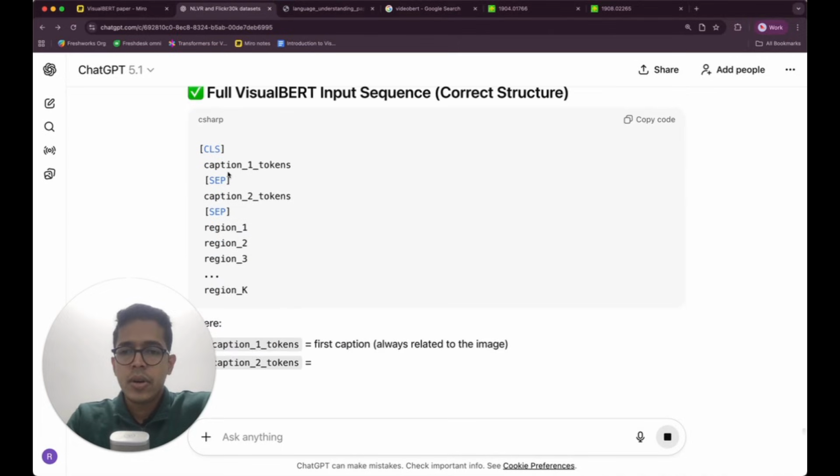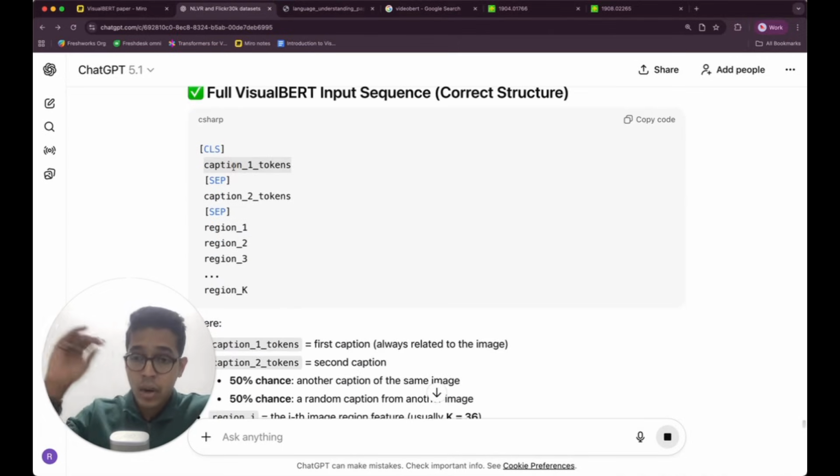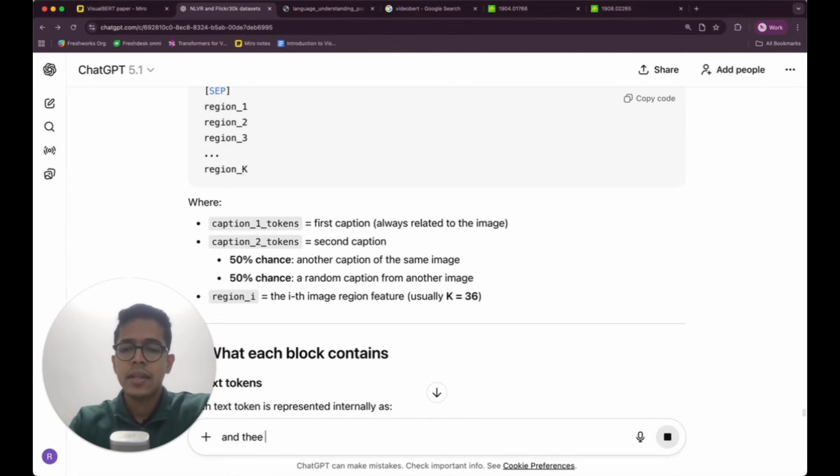So there will be, okay, starting with the CLS token that we know, then tokens corresponding to caption 1, out of which some tokens will be masked, then separator token, then tokens corresponding to caption 2, then separator token, then regions from the images. And these captions are also masked, correct?